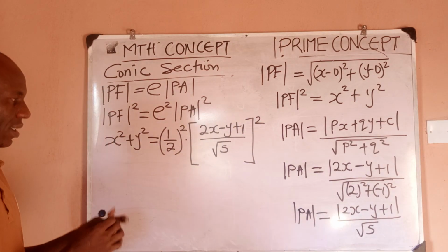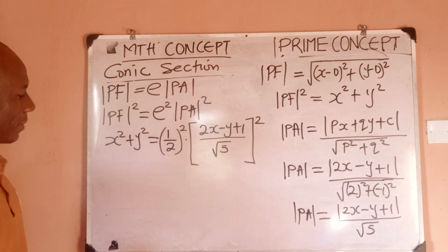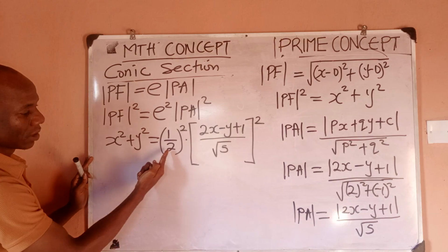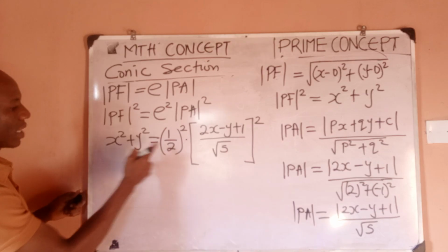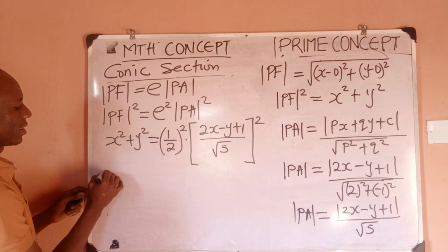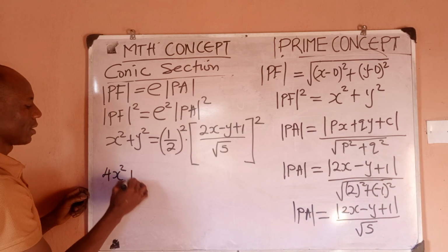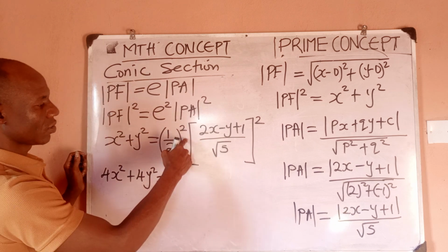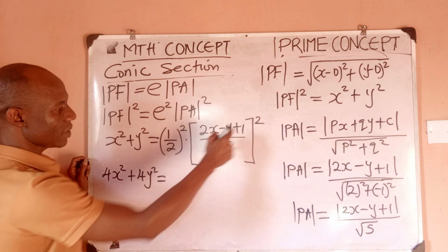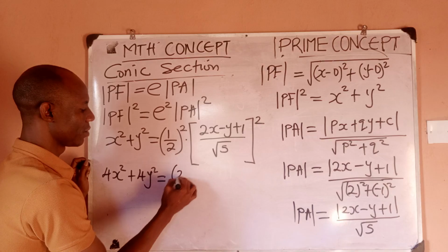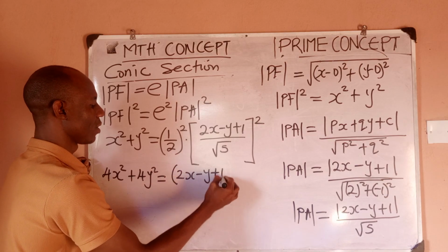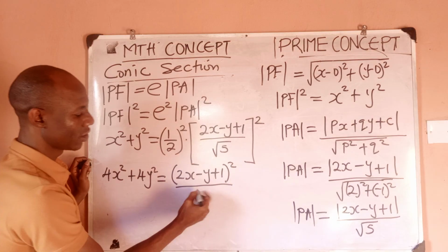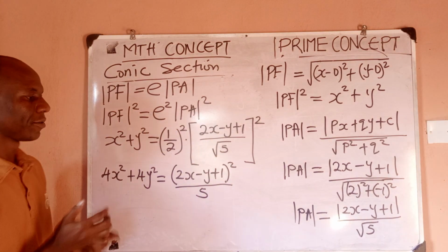Squared. So if I do this, I would quickly see that 1 over 2 squared is 1 over 4. And this 4, when it multiplies, this is 4, multiply this, it becomes 4x squared plus 4, here, multiply this, it becomes 4y squared equals, I'm left with, this square would affect this, it becomes 2x minus y plus 1 all squared divided by, when this square affects this, it just becomes divided by 5, right?